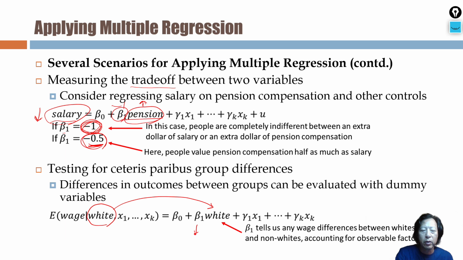If this beta 0 is 0 or almost 0, then we can tell there is no difference in wage between white and colored people. But if this beta 1 is a big, significant number, then we can tell that white people's wage is, on average, different from that of other colored people.